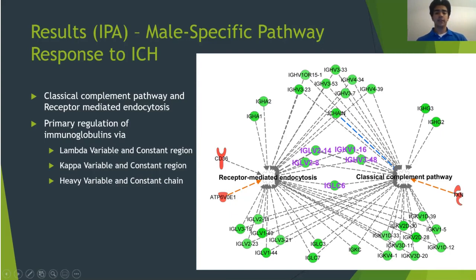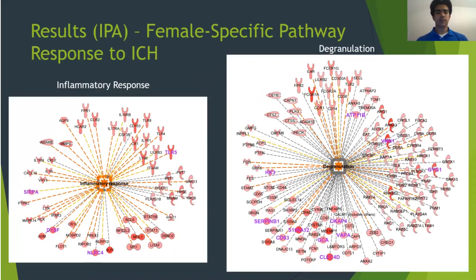Here, we see a very similar story of downregulation of male genes, with primary targets being immunoglobulin regions, with these being the light chain regions and these being the heavy chain regions. Next, to look at the female-specific pathways. We have inflammatory response and degranulation.